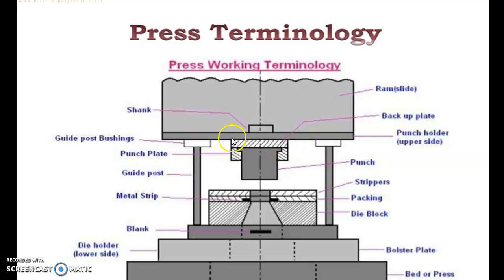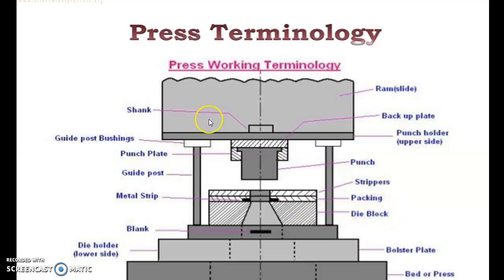Basically this tool is subdivided into two parts: the upper side, which is named the punch, and the lower side, which is named the die. So here this is the punch and this portion is named the die.